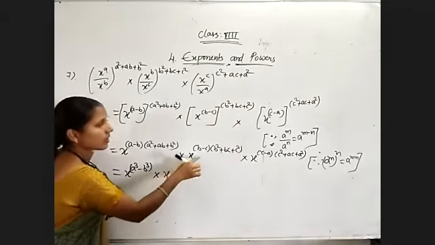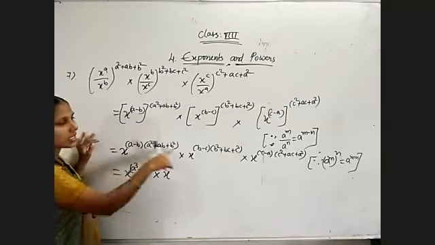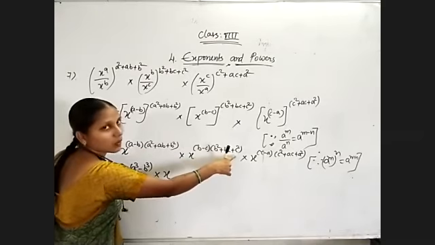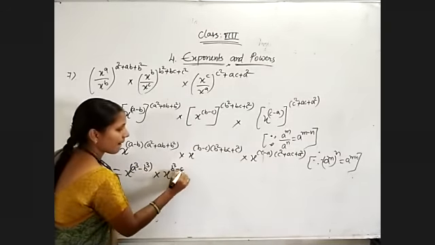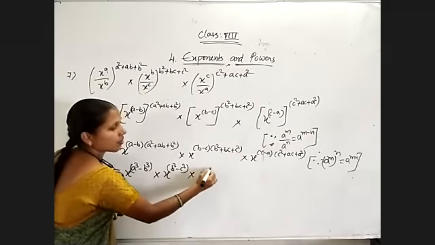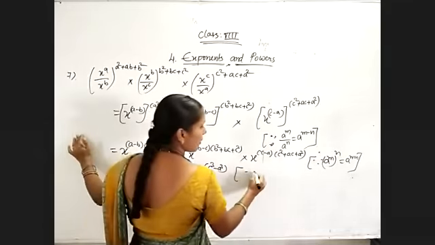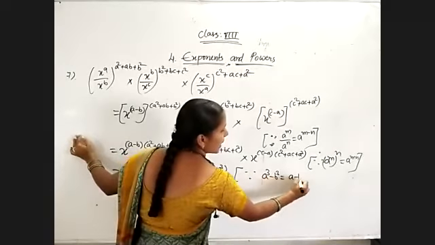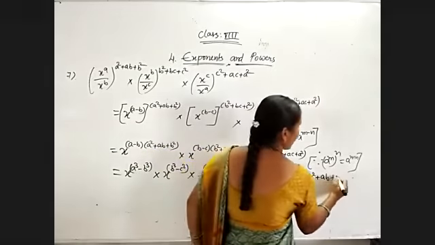Into x power, again here in place of a, b is there, and in place of b, c is there. b minus c into b square plus bc plus c square, that is b cube minus c cube. Into the same, x to the power of c cube minus a cube, we will do, since we have the identity a cube minus b cube is equal to a minus b into a square plus ab plus b square.